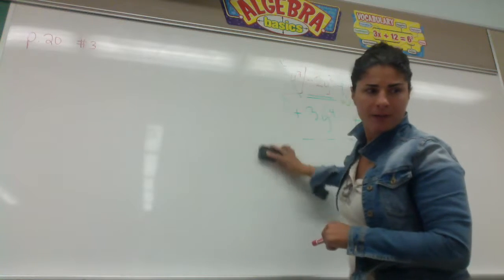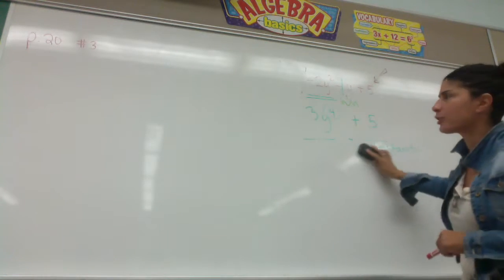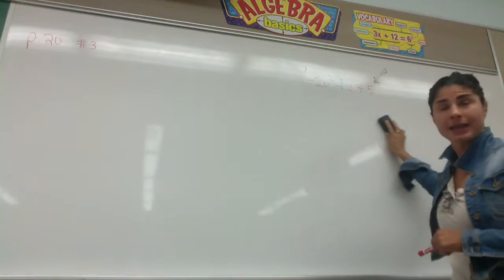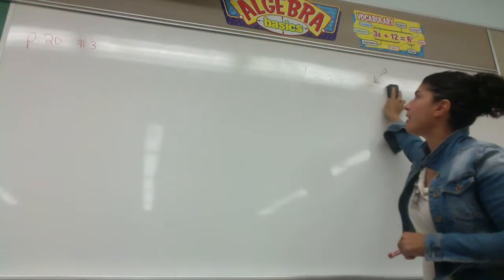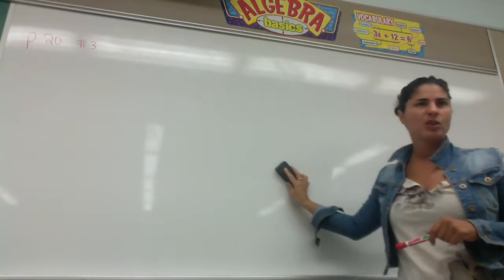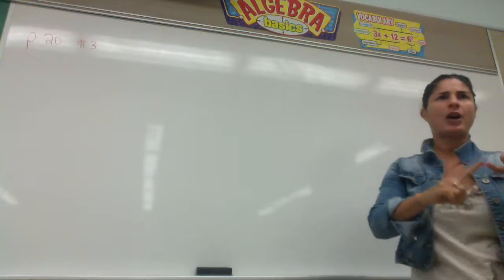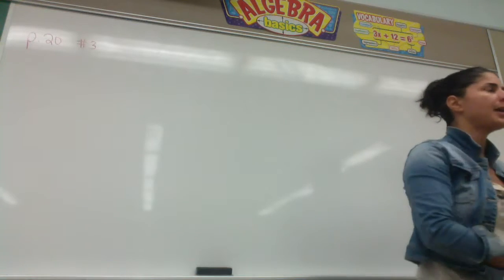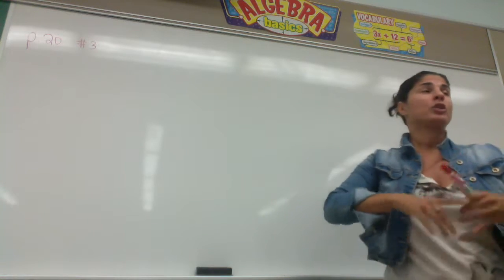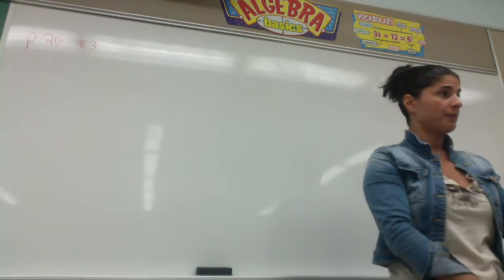To simplify? It says to combine like terms. Does that mean to simplify, to combine like terms? Yes. If I say distribution, does that mean to simplify? Yes. So whether they say simplify, distribute, combine, whenever they say something, just do everything you know, which is to distribute and to simplify. Good?